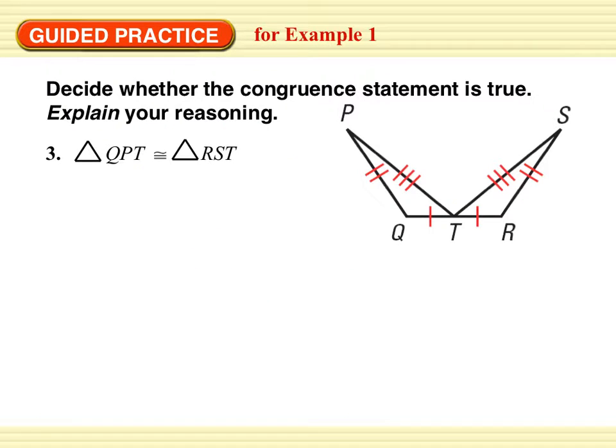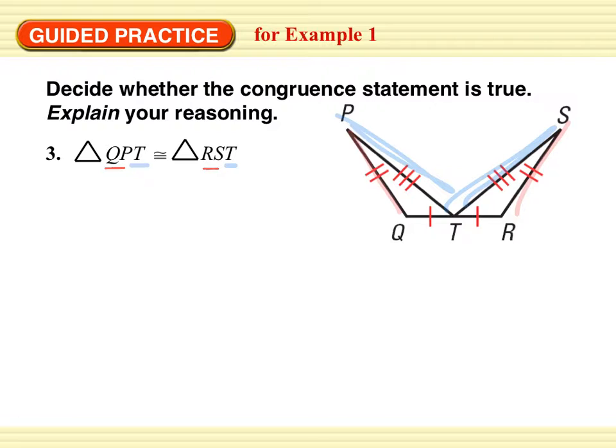Here's another one. Let's check all our congruency marks. So we have QP and RS. QP has 2, RS has 2, that one works. Let's try PT and ST. PT is here with 3, and ST here is with 3, so far so good.